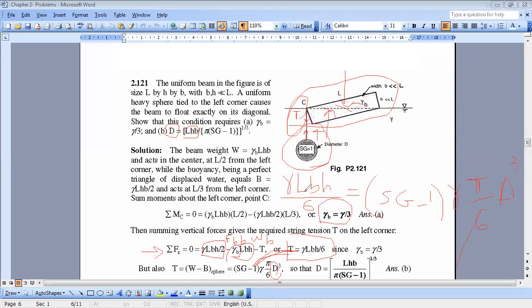You have over 6 over 6. You have gamma and gamma. So now, if you take this term pi times specific gravity minus 1 to the other side, and since you have a cube here, you should do to the power 1 over 3. You will get that D is LHB over pi times specific gravity minus 1, to the power 1 over 3.